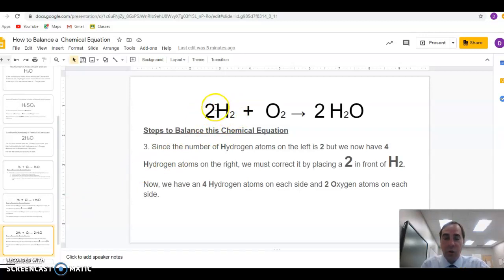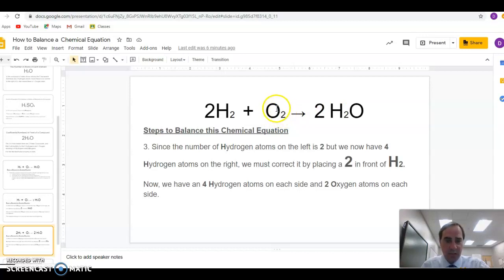And we're going to place a 2 in front of the H2 that was on the left-hand side. Now, check this out. What I'm going to see is 2 times 2 H's is going to give me 4 hydrogens on each side. Because we got the 2 times the 2 here, giving us 4. 2 times the 2 on the right, giving us 4. So we got 4 hydrogens on each side. Boom, a balance. Right here, we got the 2 below.